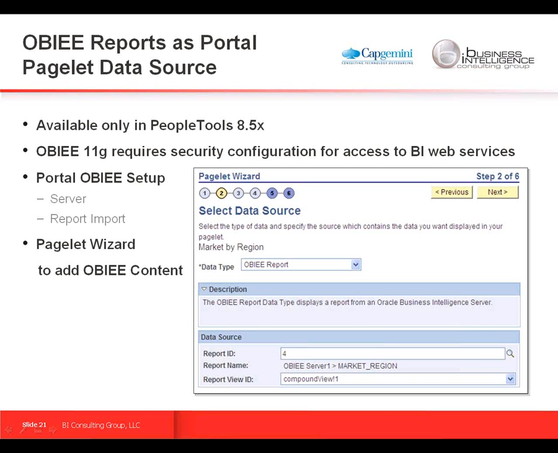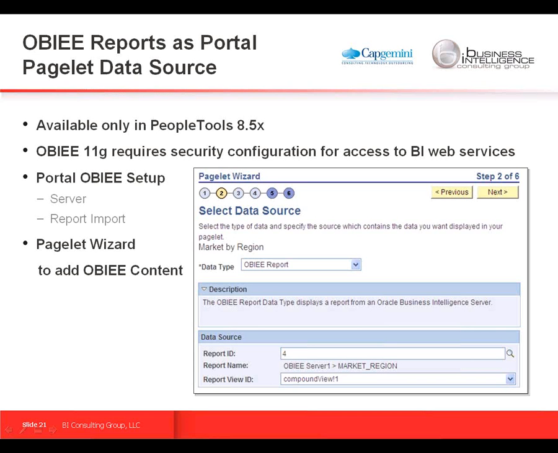There are a few different steps that have to go along with getting that ready. There are some admin tasks, one-time things, and then ongoing things that users would do when they want to put reports onto their own pages and pagelets.